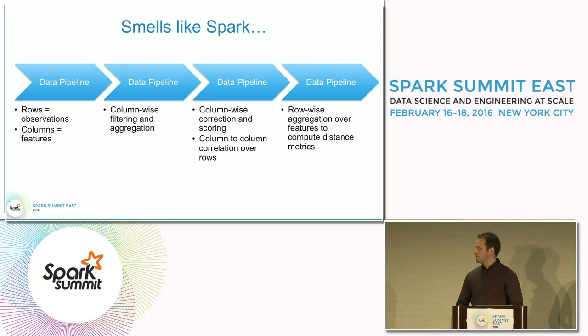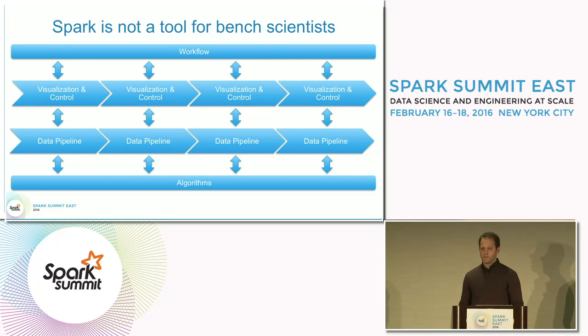The kinds of transformations and computations we want to do are fairly standard and very well suited for Spark. It's aggregations across rows, across columns, different kinds of transformations. So we thought Spark would be a great fit. But Spark is not really a great tool for the biologists and the screening scientists that are running the screens.